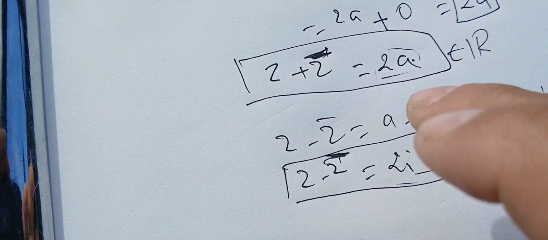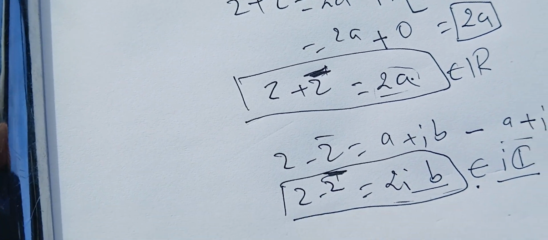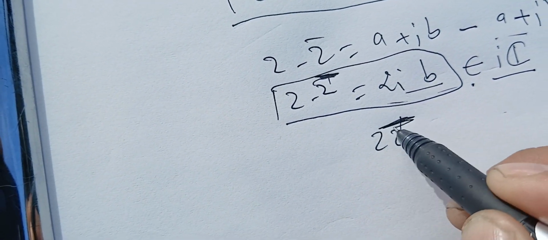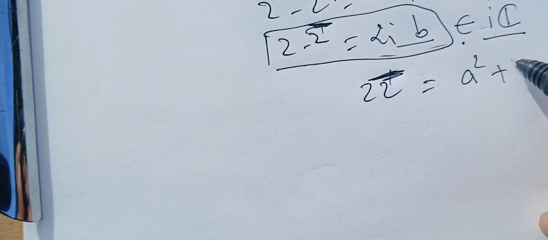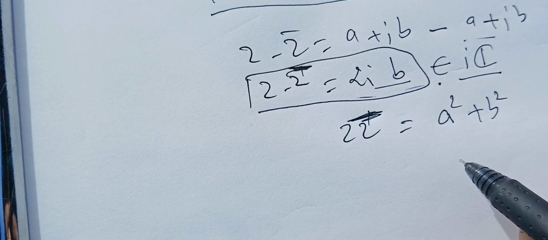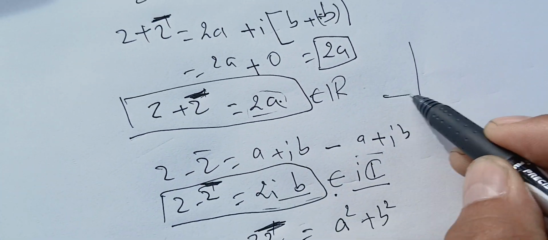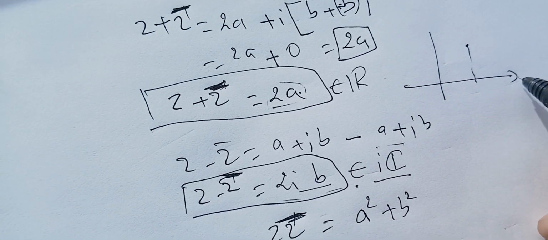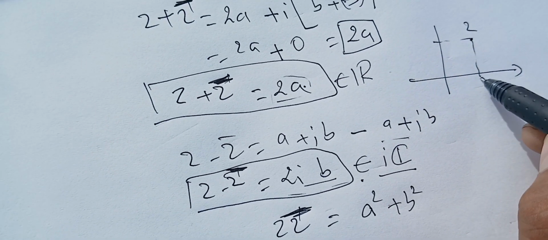We covered the conjugate. Another thing that we need to note is when we have z times z bar, we have a squared plus b squared. So that's the modulus. Given a number z, and this is the complex plane, let's say this is our z, it has a and b.